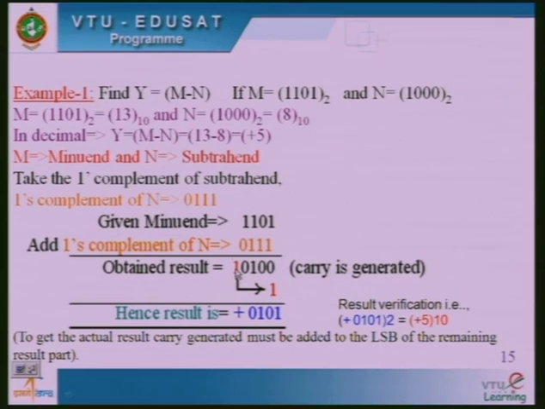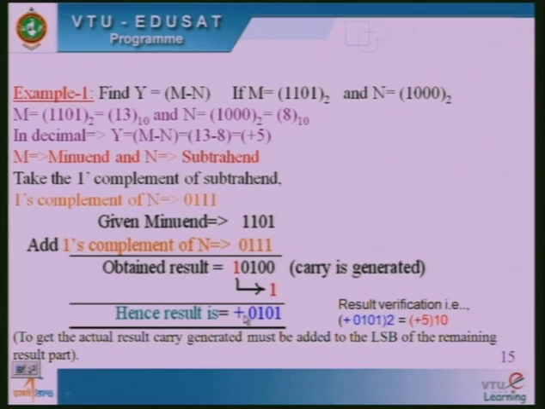Once this carry is generated, if we read it along with the carry as the result, it is not the true value. Hence, as we said, when the carry is generated, that carry must be taken to the LSB for addition. If we add this carry to the LSB, then our result is 1, and this becomes 0, as it is there is no value, and this becomes 1, and the last 0 is transferred here.